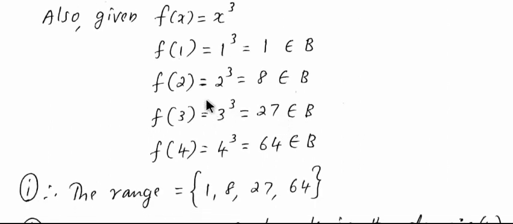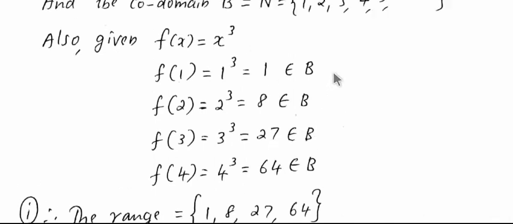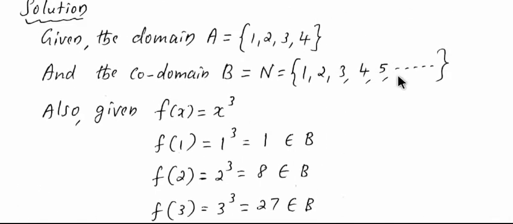Then x is equal to 3. Substitute x equal to 3: 3 cube is nothing but 27. This 27 belongs to N, or B, the second set.